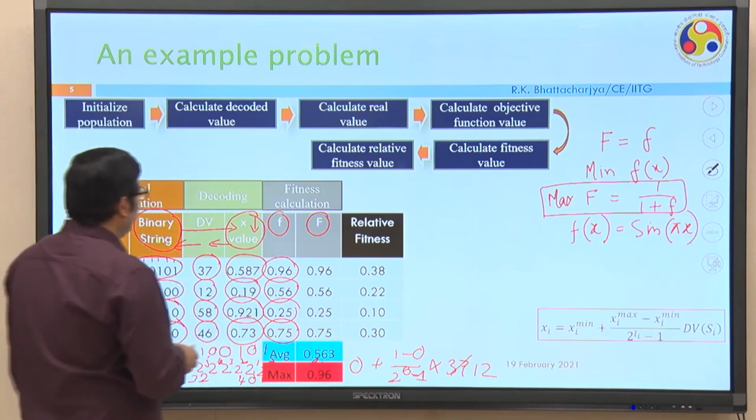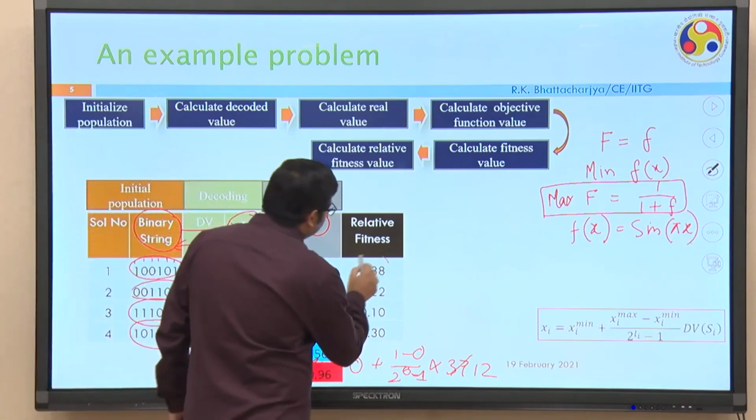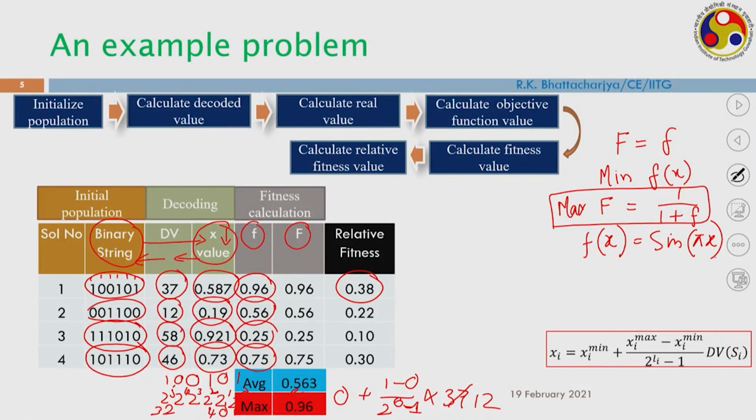So, what are you doing? You calculate the relative fitness. What is relative fitness? You divide each fitness by the sum of all the fitness values. Therefore, the relative fitness you are getting is 0.38, then 0.22, then 0.1 and 0.30.